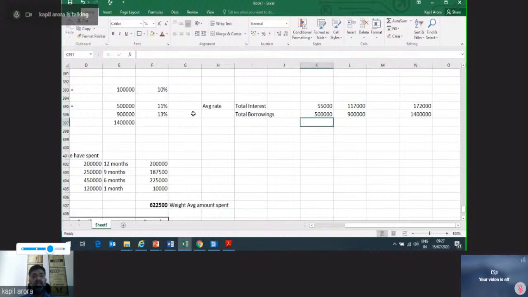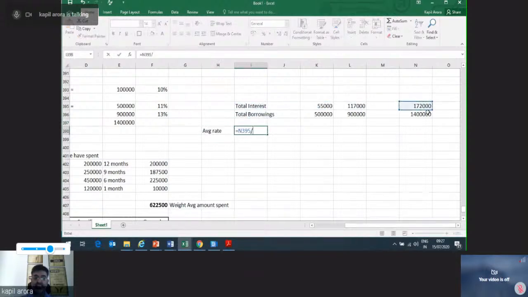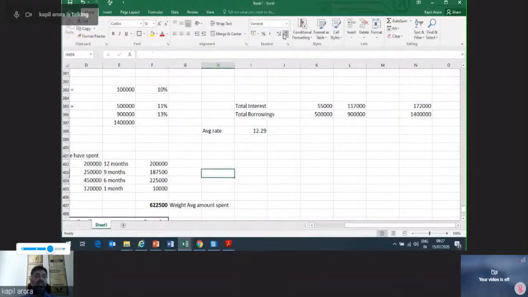So my average rate would be 172 divided by 14 lakh, which is 12.29. Very good, Rahul. Right? So the average rate is 12.29.